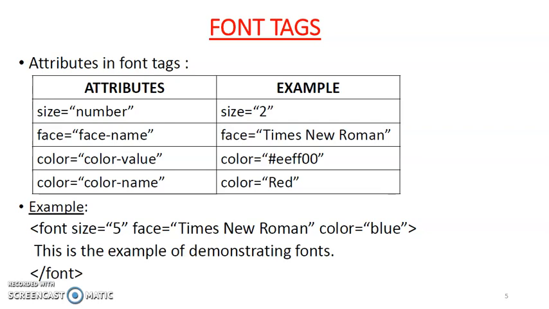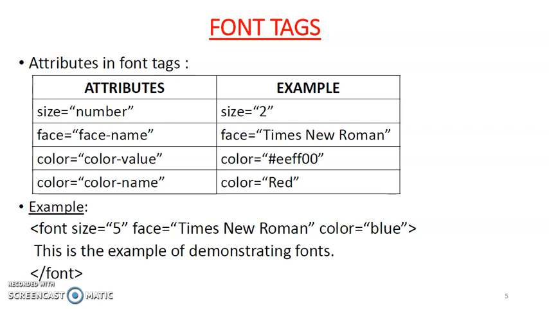You have to set the size of the font in the form of a number. Okay, so if you can see, I am writing an example, size is equals to, in double inverted commas, a 2. So the 2 indicates that your size of font is a 2.